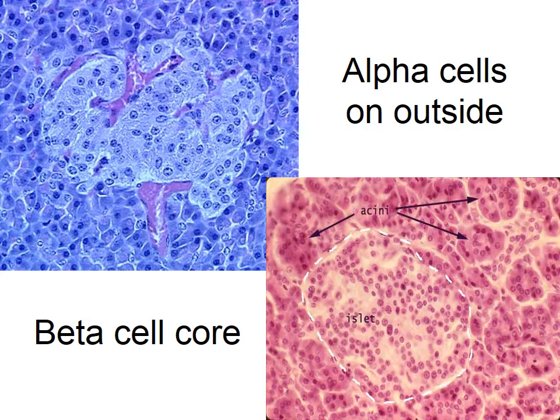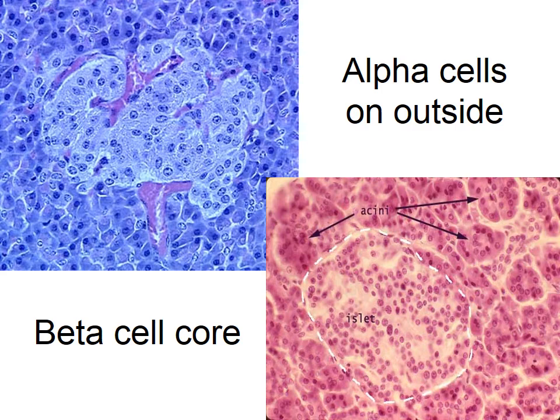Now here we see 2 micrographs of individual pancreatic islets. And we notice the exocrine tissue around about the outside that produces the digestive enzymes. And we notice that there are a different type of looking cells in the pancreatic islets.